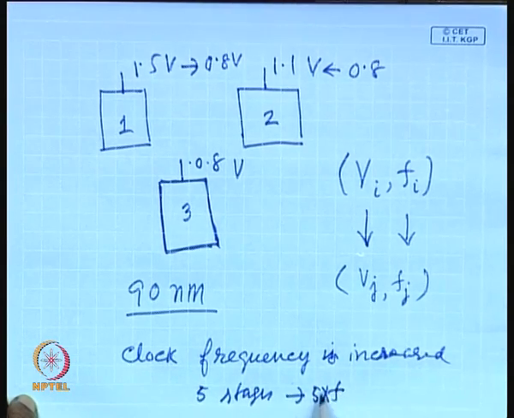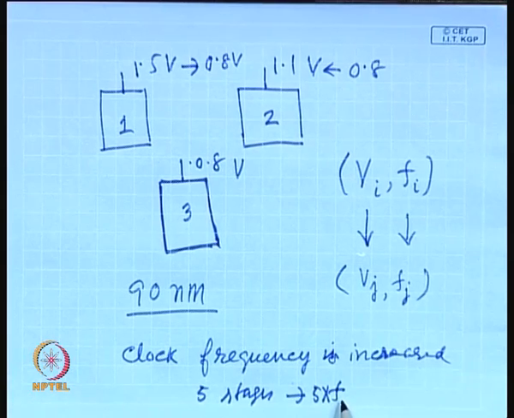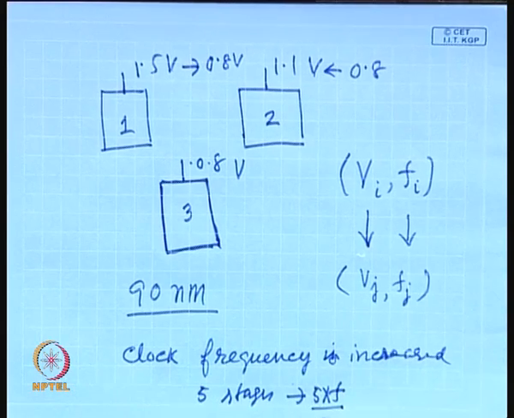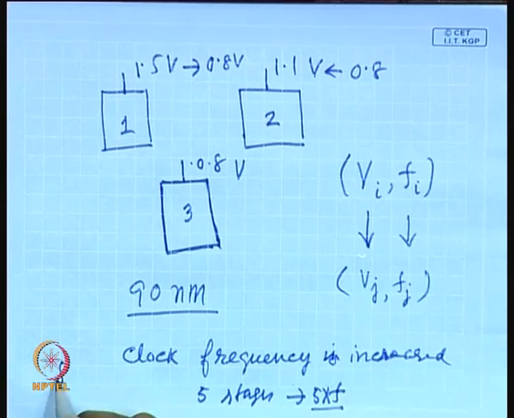So, clock frequency is increased, and as a consequence the throughput increases by 5 times, performance increases. But instead of increasing the clock frequency, instead of making it 5f, if we keep the clock frequency the same, then what can be done?